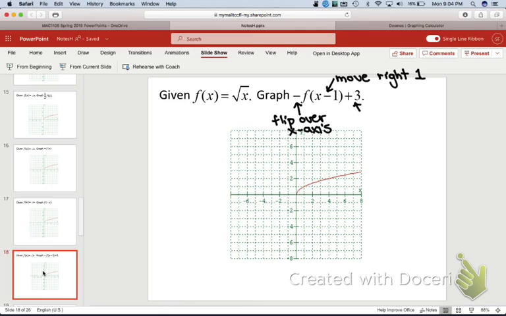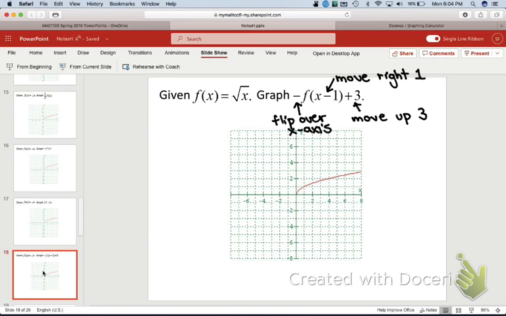And this plus 3 that's outside of those parentheses, tacked on to the very end there, is going to move my parent function up 3. So we're combining 3 different transformations into one. And again, this is why it becomes so important to know your parent functions. Because if you know what your basic parent function looks like, and you know these generic moves, we can create just about any graph we want from that.